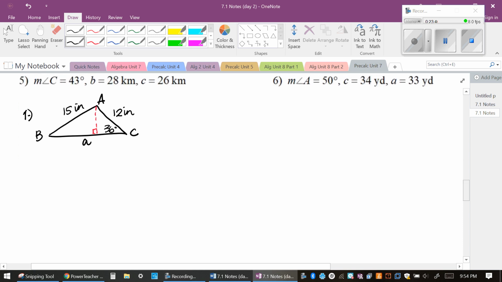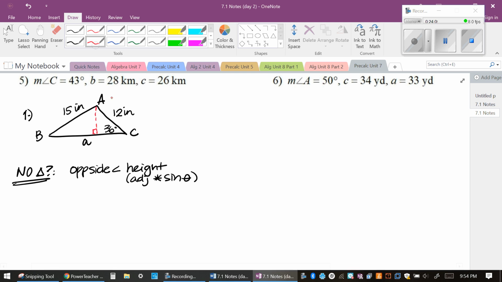I'm going to ask myself, is this no triangle? To do that, I need to check, is the opposite side of theta less than the height of the triangle, which is adjacent times the sine of your given angle. Your given angle is 36, and the opposite side is 15. The height uses the adjacent side of your angle.